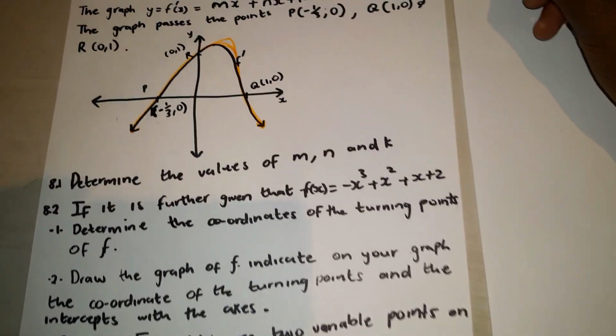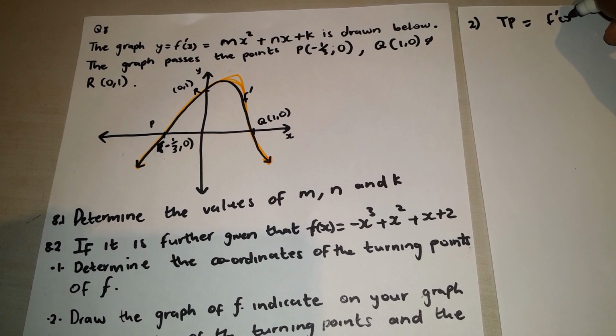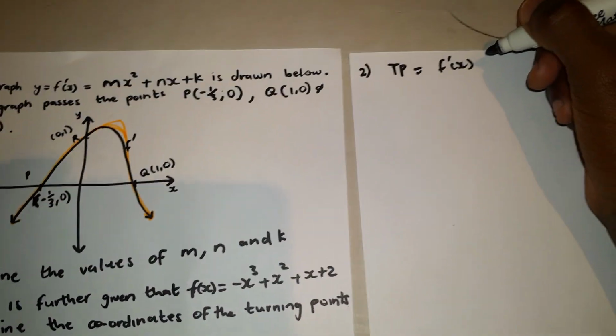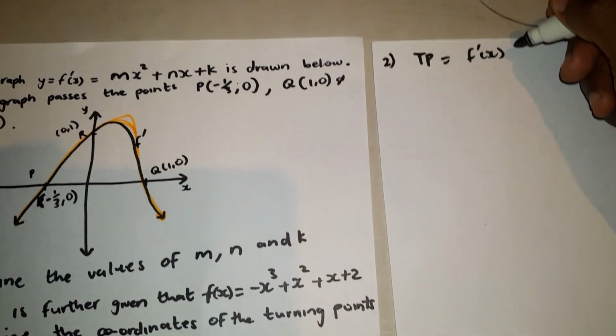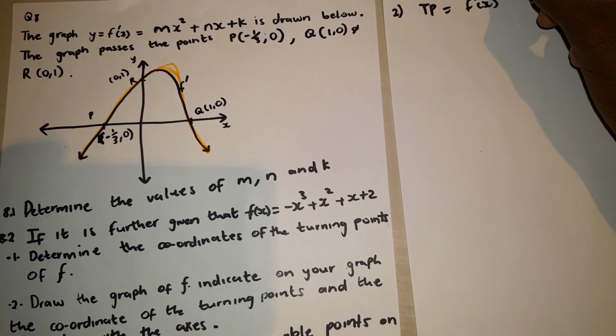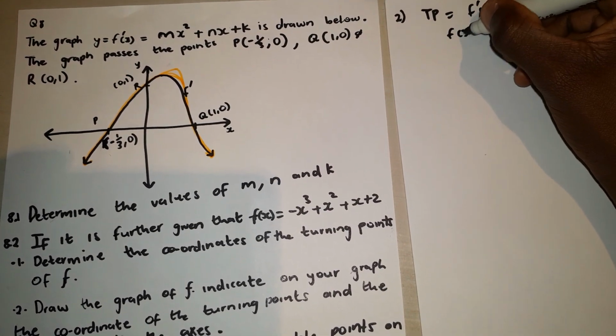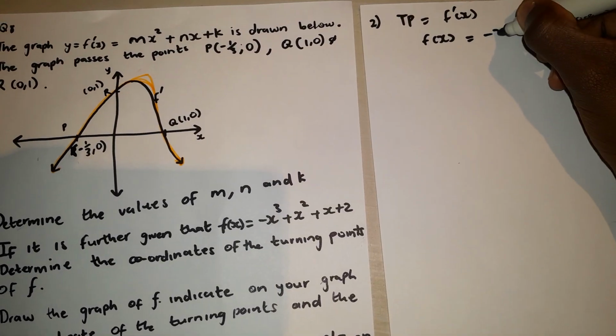So how do we find the turning point? We do the first derivative for the x value, then for the y value we substitute into the original equation. So which means we must do the derivative of this.